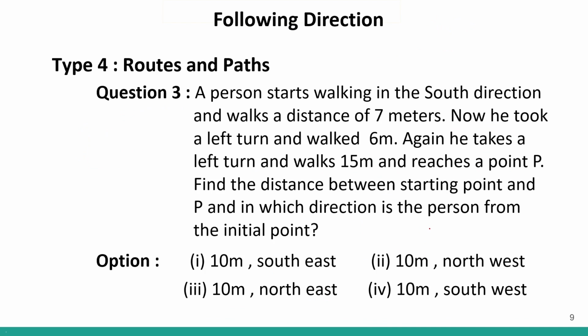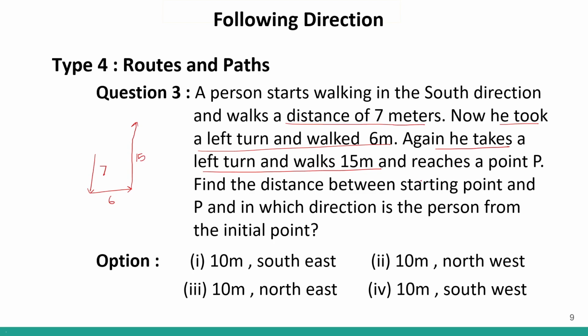Now, a person starts walking in the south direction and walks a distance of 7 meters. So south, distance 7 meters. Then he took a left turn and walked 6 meters. So left will be which direction? This direction, 6 meters. Again he takes a left turn and walks 15 meters.